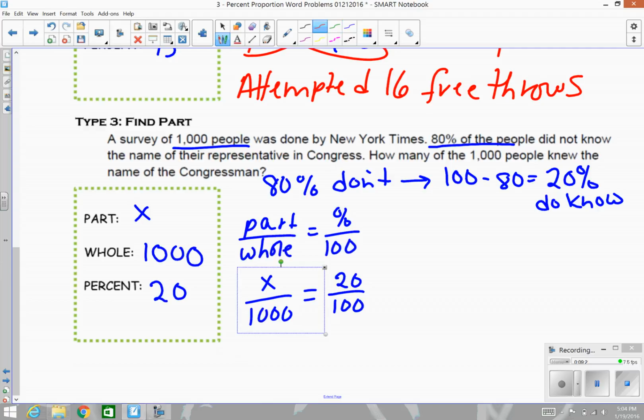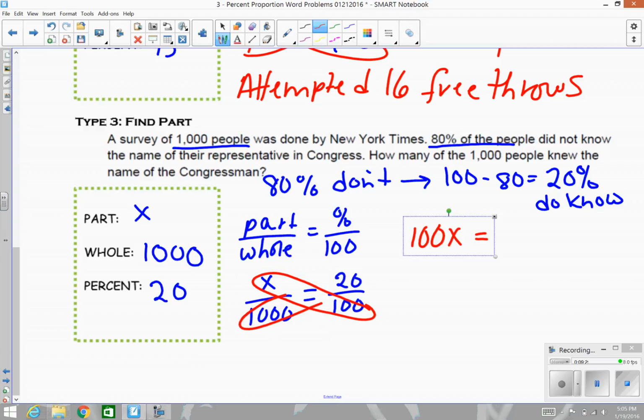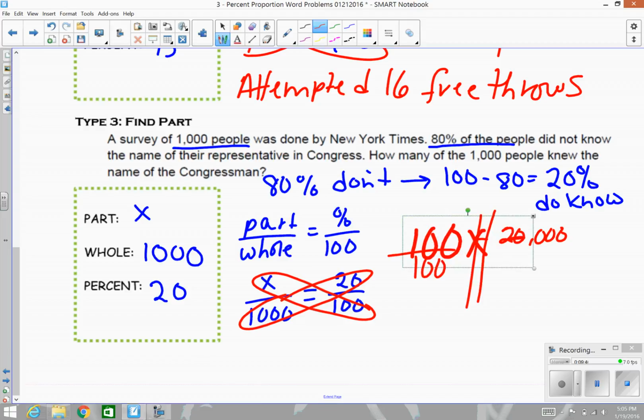And we cross multiply. So we have 100 times x is 100x. And 20 times 1,000 is 20,000. Draw your river, divide by 100.